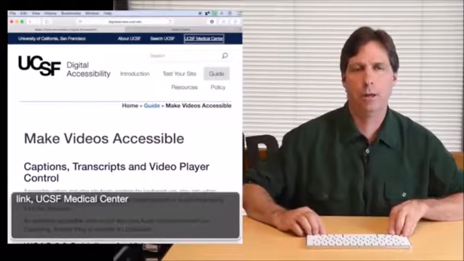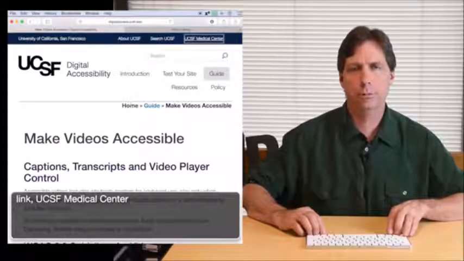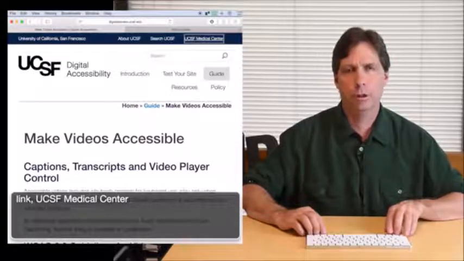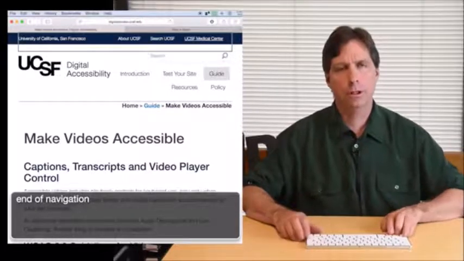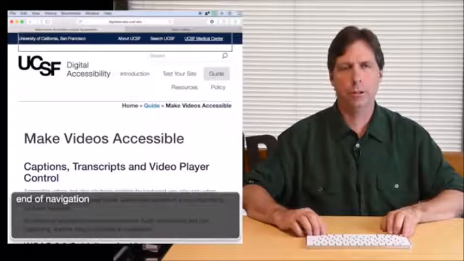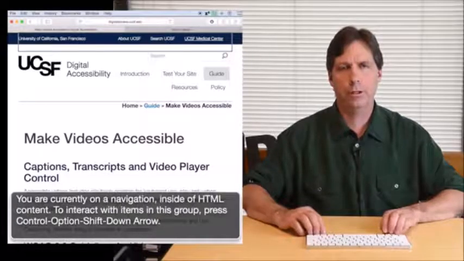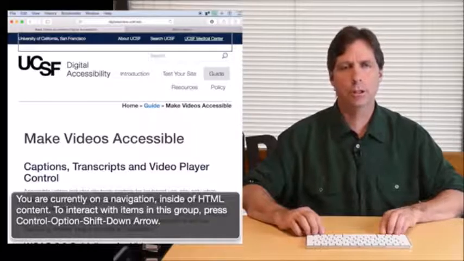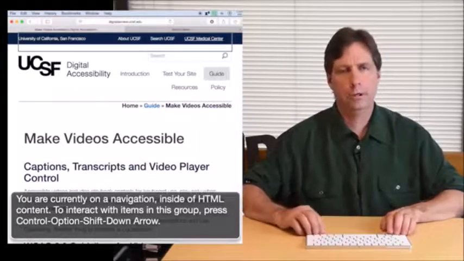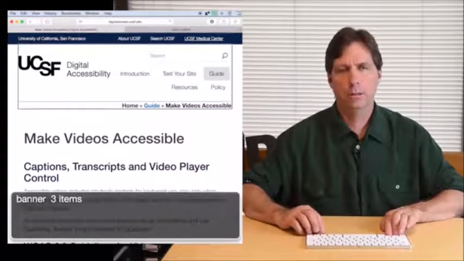And it does that by allowing you to use a computer keyboard instead of a mouse. You can also use a Braille display as an input device. End of navigation. And what it does is it cleverly determines what's on the screen and presents you that information in a way that would allow for efficient navigation of these pages. So for example, I could just keep reading. Banner 3 items.